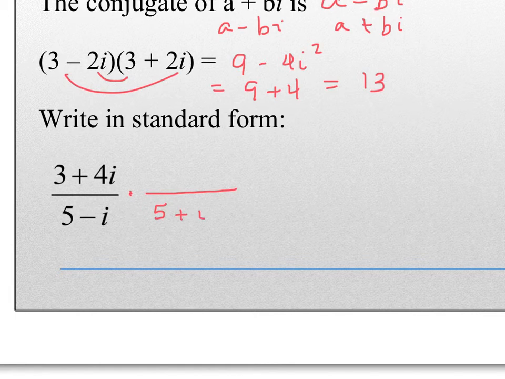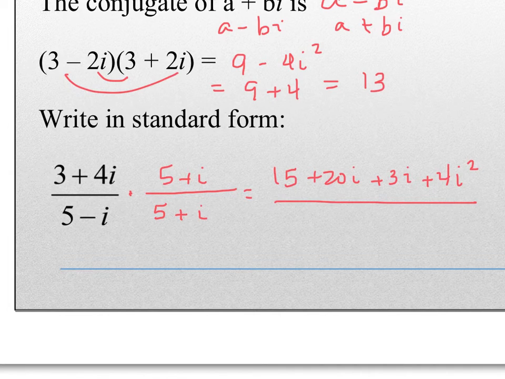So multiply by the conjugate and FOIL. So when we FOIL this, we get 15 plus 20i plus 3i plus 4i squared. And when you're doing a conjugate, you only need to do first and last. So we got 25 minus i squared.